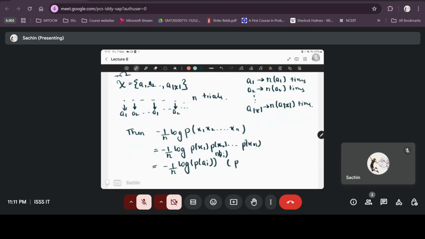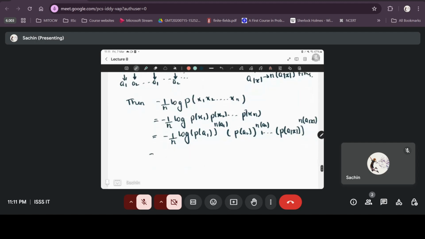So p of a1 to the power n of a1 into p of a2 to the power n of a2, etc. to p of a mod script x power n of a mod script x, which is nothing but negative summation n of ai divided by n, i equal to 1 to mod script x, log of p of ai, because log of a product is the sum of the logs, and log of something to the power something else is that something else times log of.